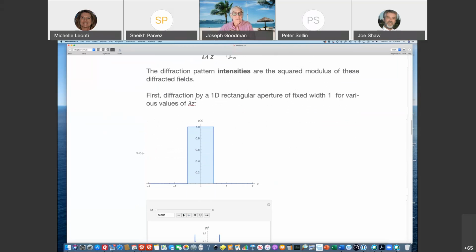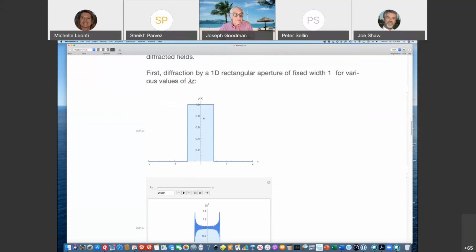So let's do a simple case. First, we'll look at the Fresnel diffraction by a one-dimensional aperture of fixed width 1, a rectangular aperture, and we'll look at various values of lambda Z. As I change lambda Z, you can think of lambda being fixed and Z as increasing or decreasing, as the case may be. So we start out with this aperture.